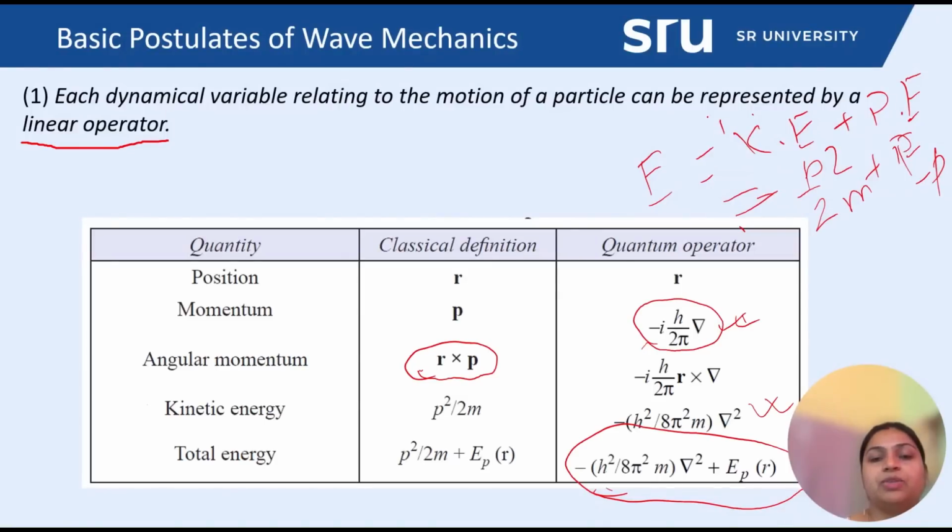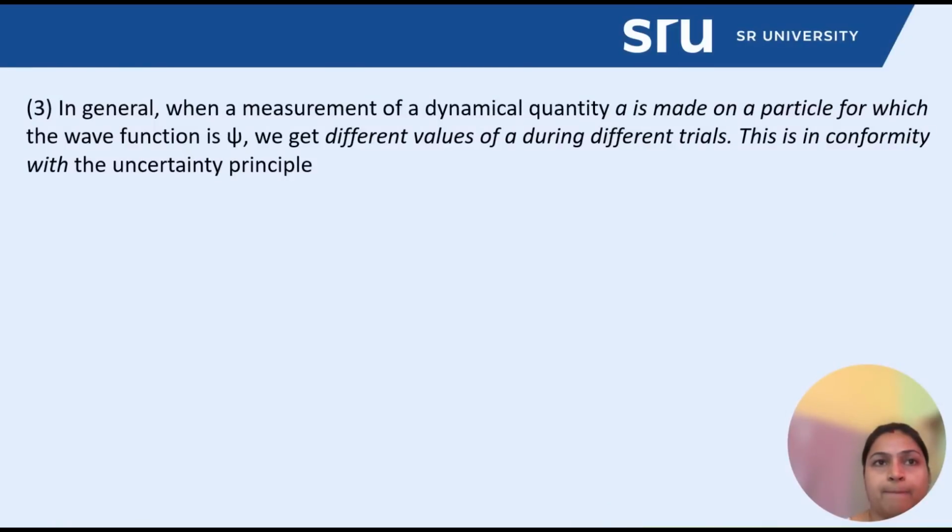So these are the expressions for the quantum operators of several physical quantities. The second postulate states that a linear eigenvalue equation can always be linked with each operator. Suppose the total energy operator is i h by 2 pi into del t.